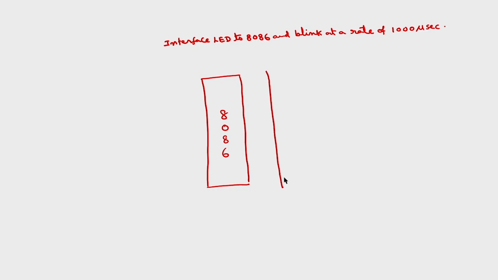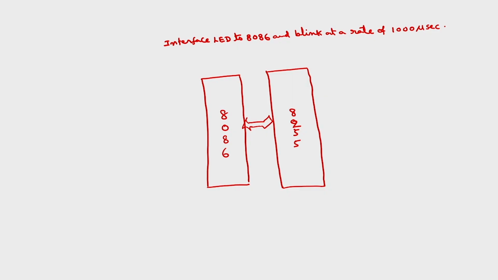So these 8086 and 8255 connections I have already discussed. This is 8086. I am going to program this LED through 8086 only, but we are going to connect an interfacing device in between. The connection between these I am not showing. How to select port A, port B, port C and so on, I have already shown in the earlier slides.